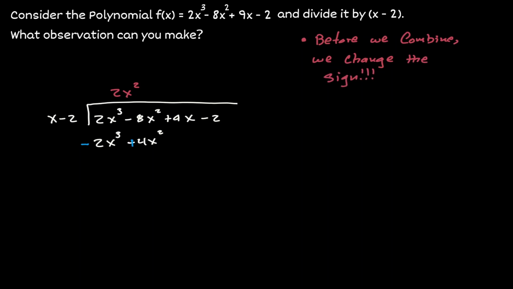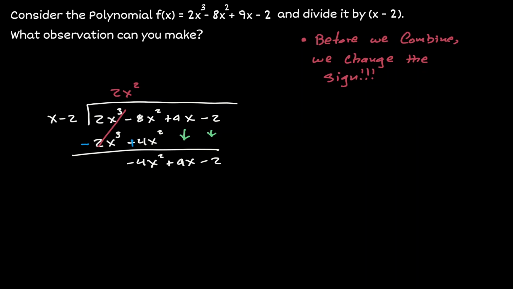And now we can combine like terms. So 2x to the third minus 2x to the third, they're going to cancel out. And negative 8x squared plus 4x squared, that is going to give me negative 4x squared. These two values that we have here, which we have not combined any like terms, we're just going to bring them down.